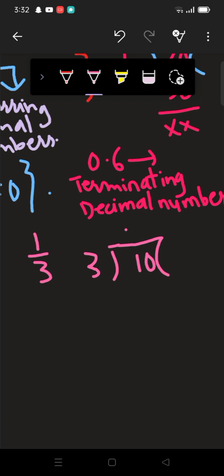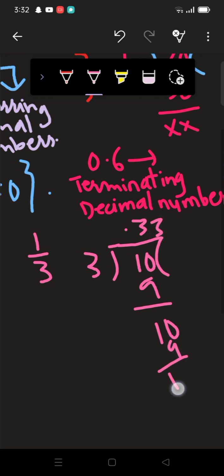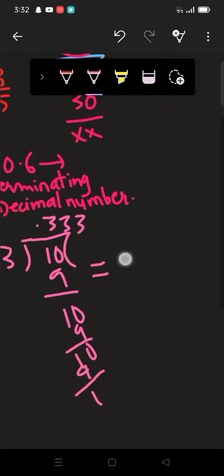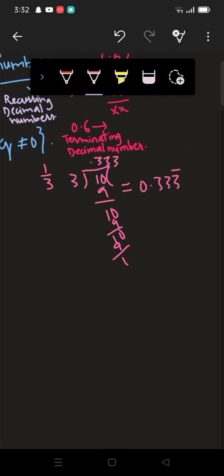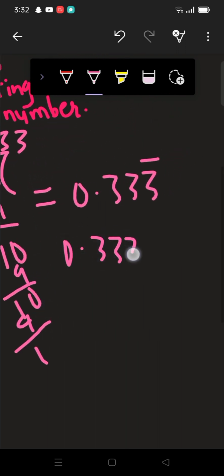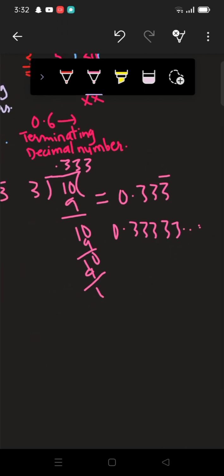So less than 10 is 9, and 9 comes with 3. 3 threes are 9, again 1 is left. Point we have already, 0, 3 threes are 9, again 1 is left. So here it will give us the answer 0.333, and the bar shows that 3 is continuing. 0.33333, and so on.